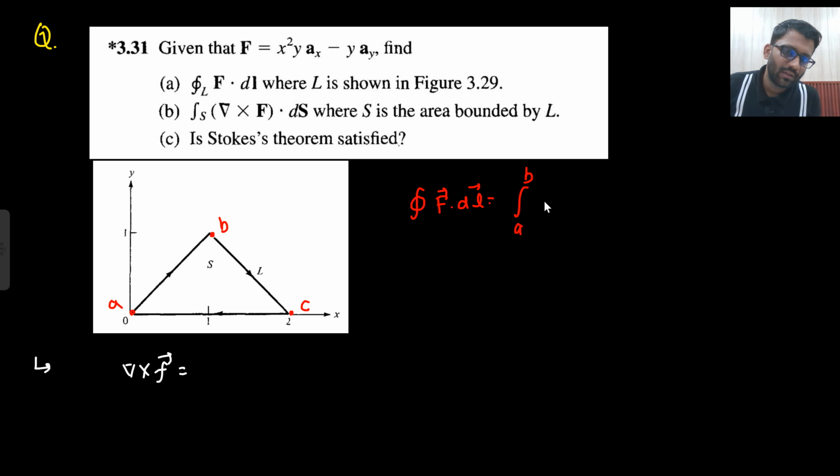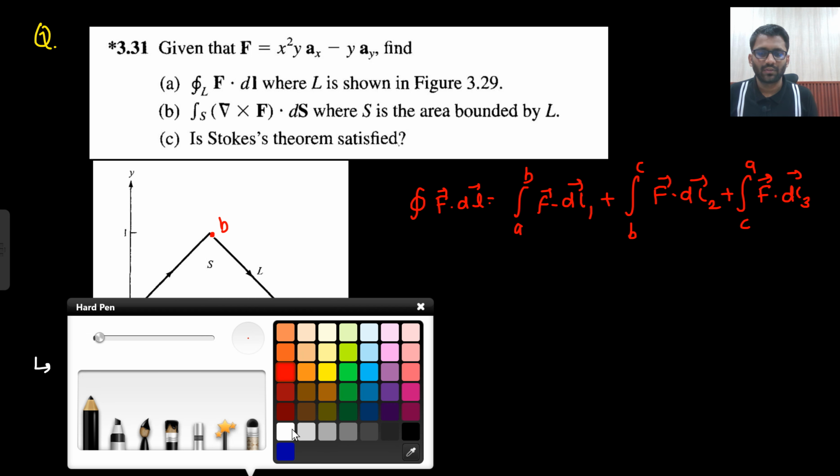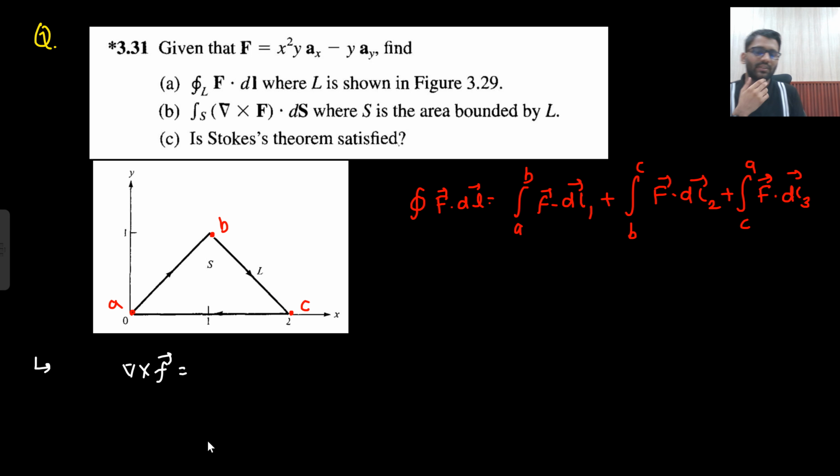A to B, F dot dl1, plus B to C, F dot dl2, and then C to A, F dot dl3. In that manner you need to move, you will get the answer. But I will solve it using Stokes theorem. So that is my target. So let's solve it using Stokes theorem. So del cross F.